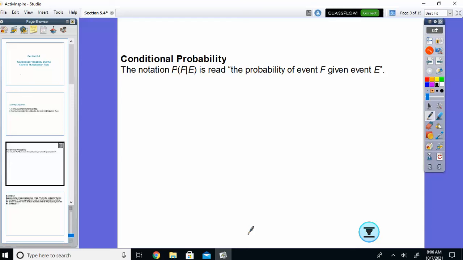No. But what if I said the probability that you are wearing flip-flops today and the probability that it's snowing? Knowing that it's snowing, would that change the probability you would be wearing flip-flops? Yes. So that is when we have to look at this conditional. Because if I already know one thing has happened, if I already know it's snowing, what's going to happen to the probability that you wear flip-flops? It's going to go down. So when you know one thing has happened, it will change the odds of the other. So that's when we have the conditional probabilities.